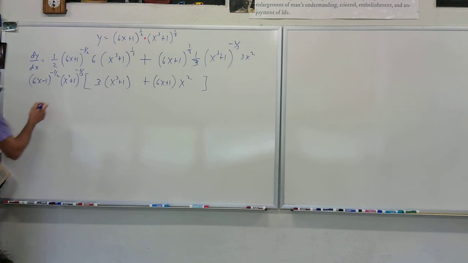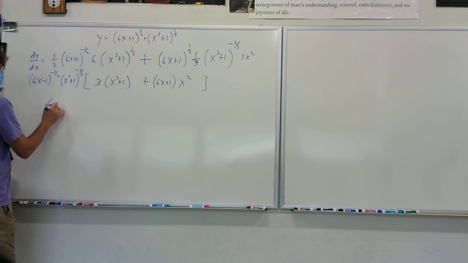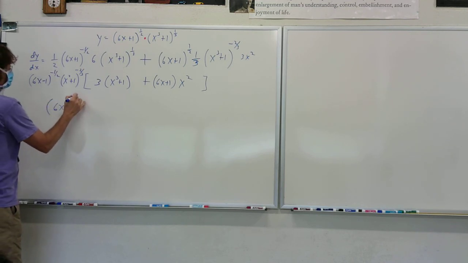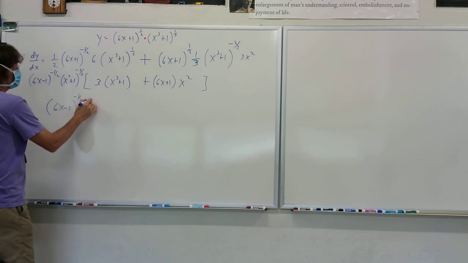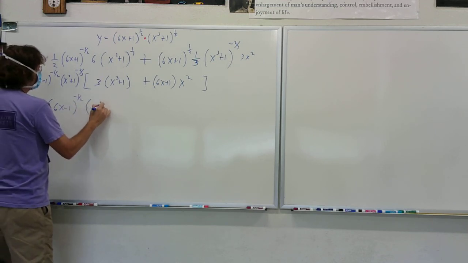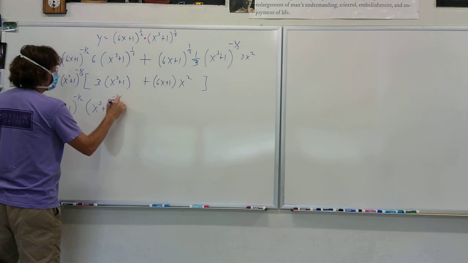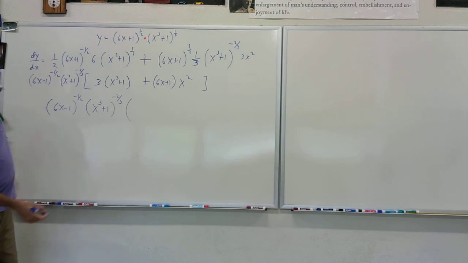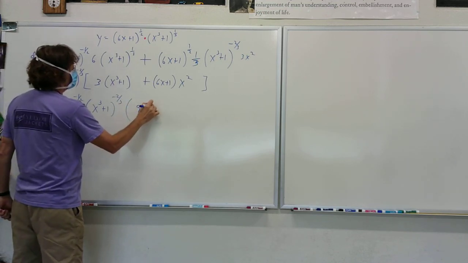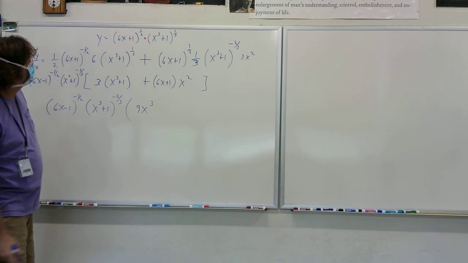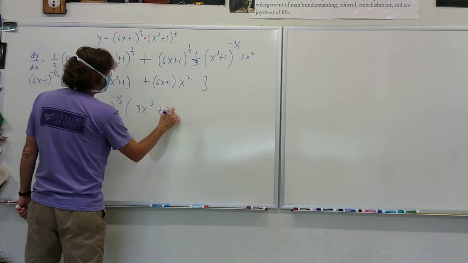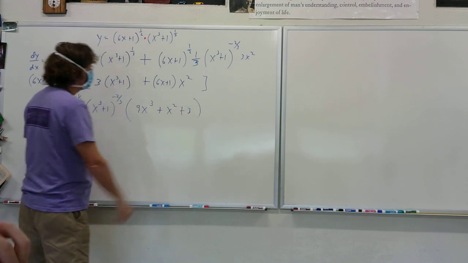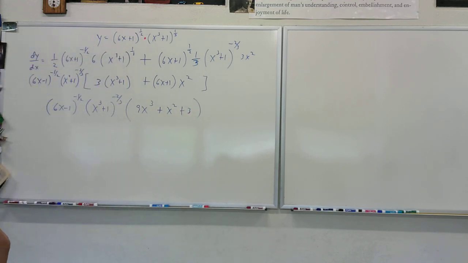All right, so then we write it down. We get 6x minus 1 to the negative 1/2 x cubed plus 1 to the negative 2/3. And then that should work out to be 9x cubed. 9x cubed, yeah. And then plus an x squared plus a 3. And there we go.